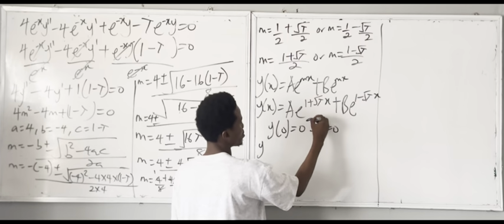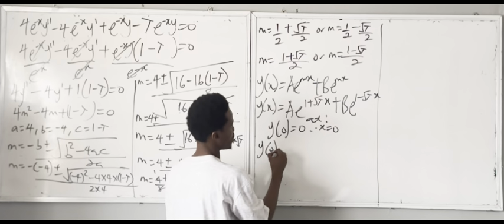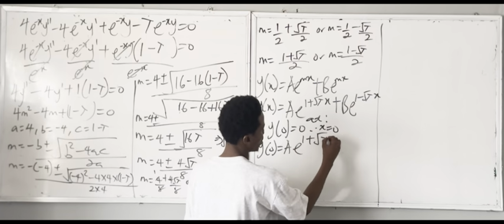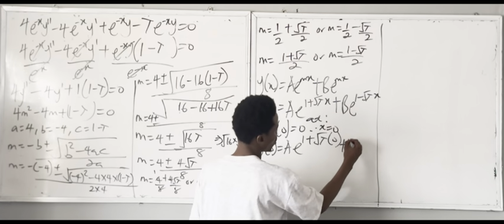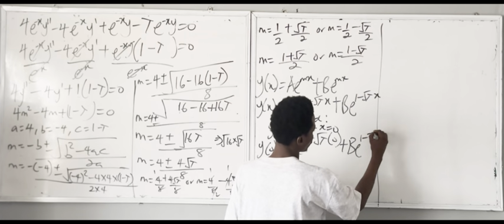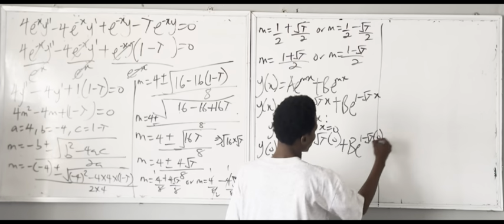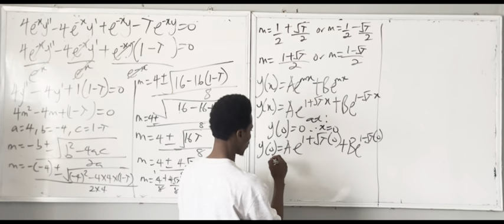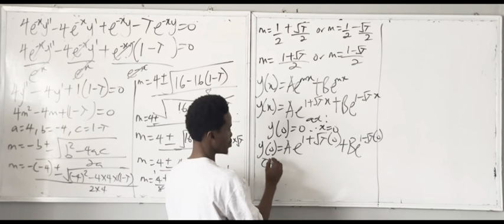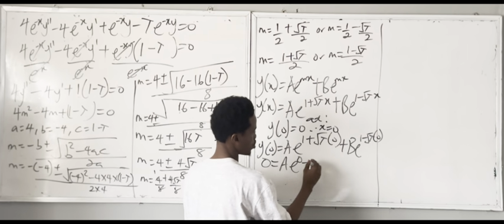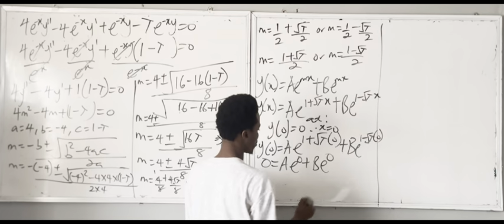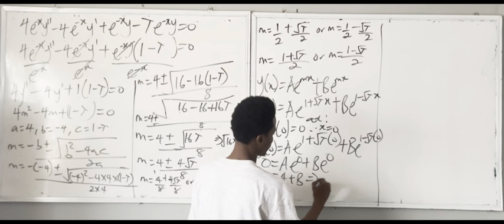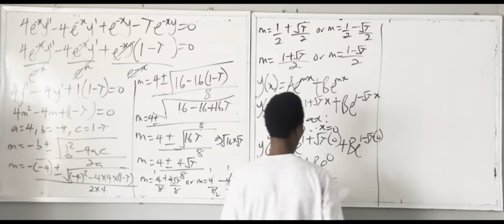So I'm going to have 0 here, then a exponential of 1 plus root lambda times 0, plus b exponential of 1 minus root lambda times 0. Anything multiplied by 0 is 0. So y of 0 is 0, a exponential 0 plus b exponential 0. So 0 is equal to a plus b.